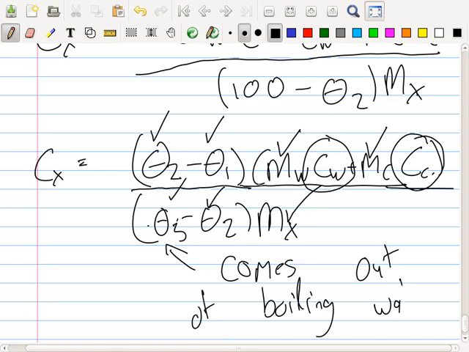I would hope this is nearly 100, but maybe it's not. So if you want to be more accurate, you can modify your equation to have this theta 3 in it. Fewer errors is always better.